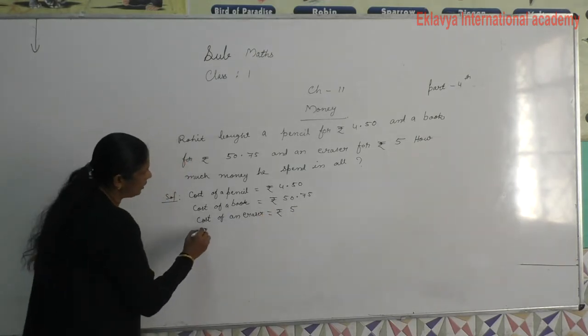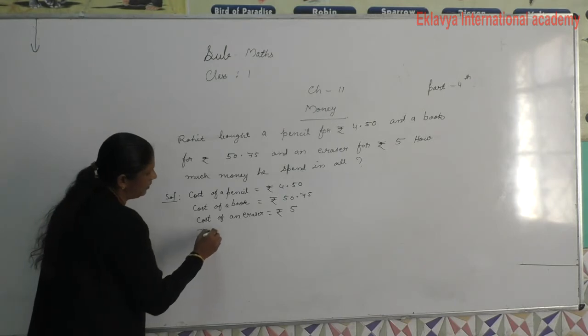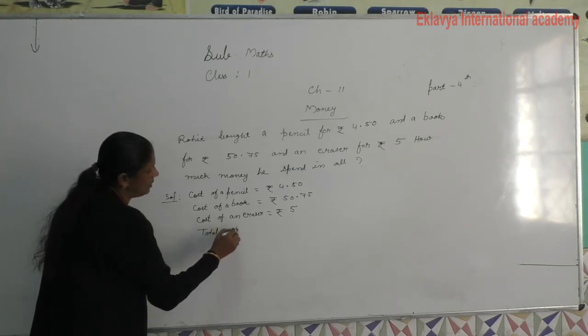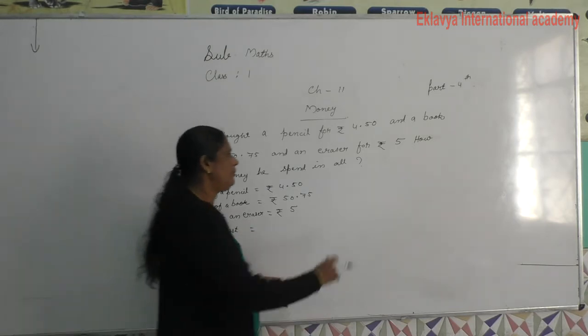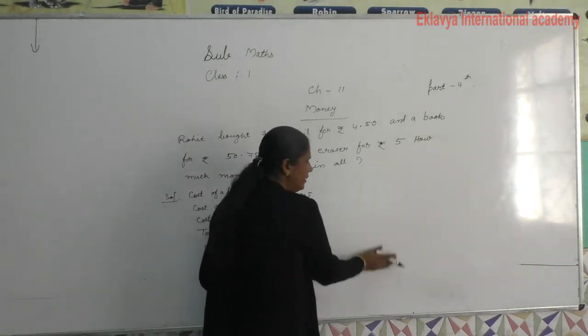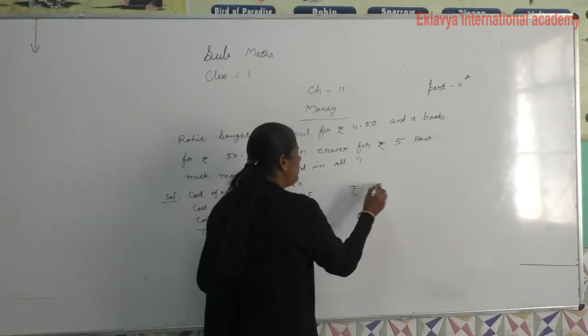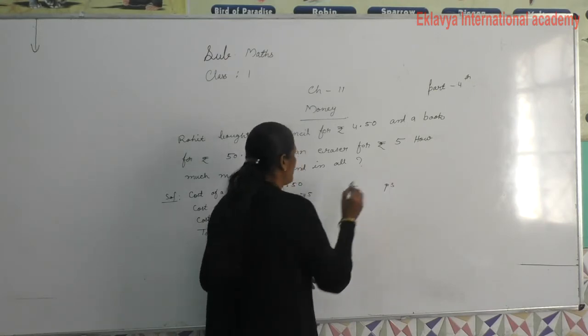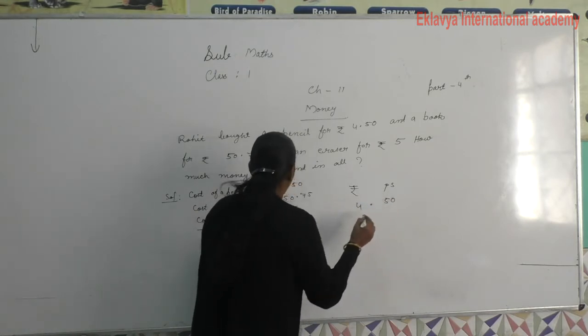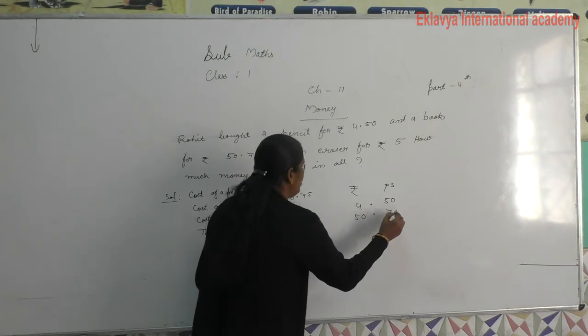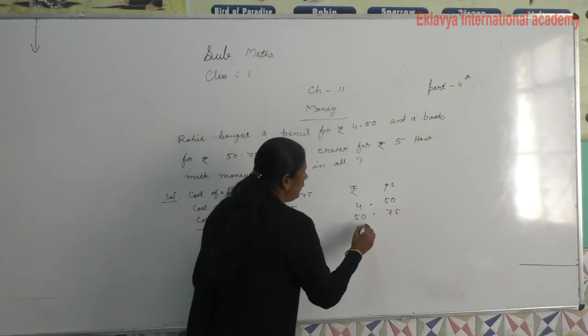Then total cost is equal to, we add these numbers. Then we add on the right-hand side of the notebook in rupees and paise. Then we write 4.50, here 50.75, then 5.